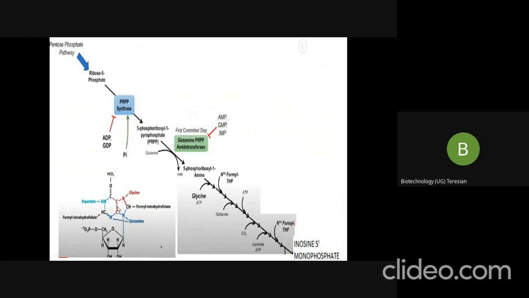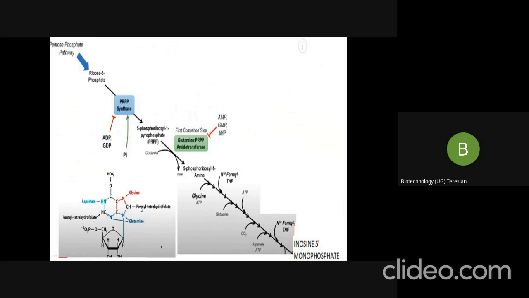So this is your carbon and nitrogen donated by your glycine. And what is your aspartate? Here, your aspartate produces the amine group, and your carbonyl you can see is produced by your bicarbonate. And we have the CH groups which are produced from formyl tetrahydrofolate.